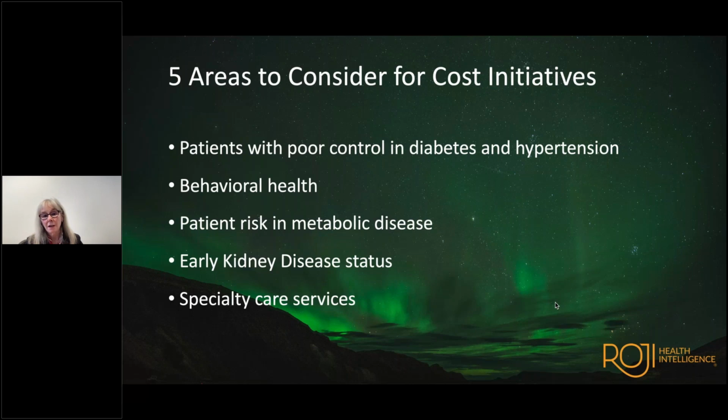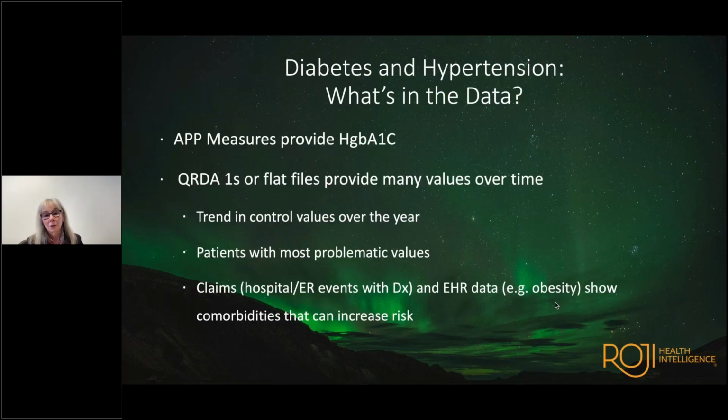So what's in the data on diabetes and hypertension? Well, the APP measures provide the actual blood pressure values and hemoglobin A1C. QRDA1s or flat files give you many values over time. So if you're collecting that data over the year and submitting it to your reporting vendor, they are going to see many values and they will be able to trend that value over the year.